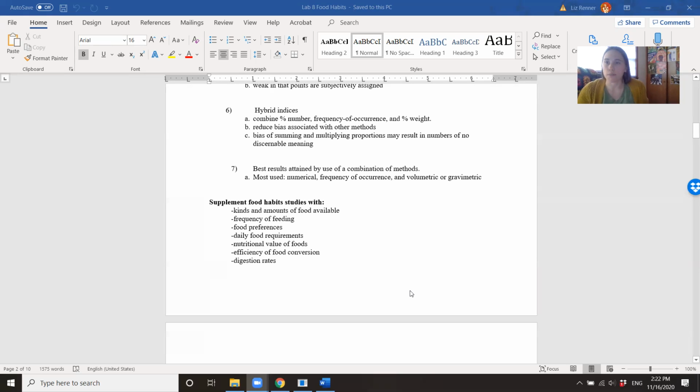You can study the efficiency of food conversion and then digestion rates. So my lab mate, Sky Hedden, has worked with my advisor Keith for a long time on this really cool project looking at channel catfish digestive rates at different temperatures out in the San Juan and Gila River basins.